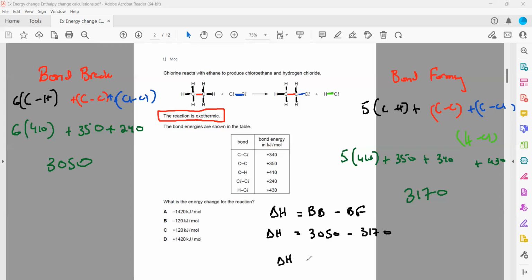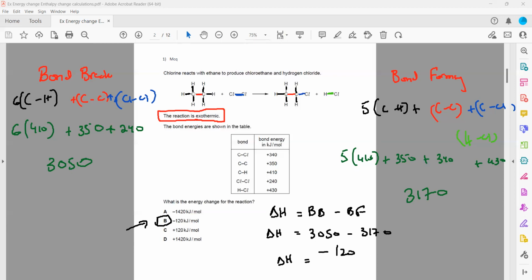So what is delta H, the enthalpy change, when we substitute? It will be minus 120. So minus 120 matches option B, so B is the right answer. Is it clear how we can solve questions related to enthalpy change or energy change using bond energies?